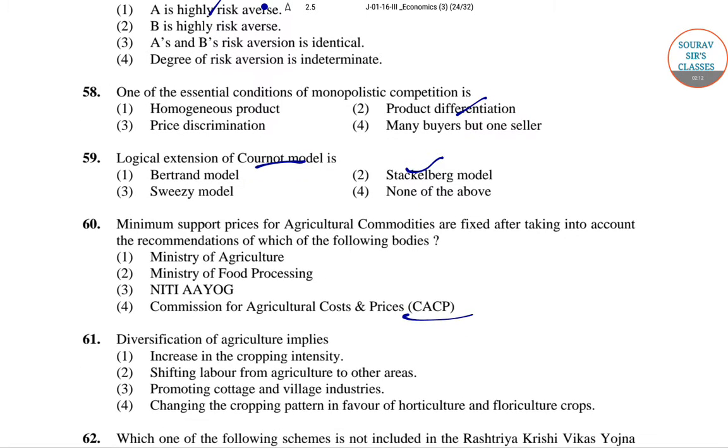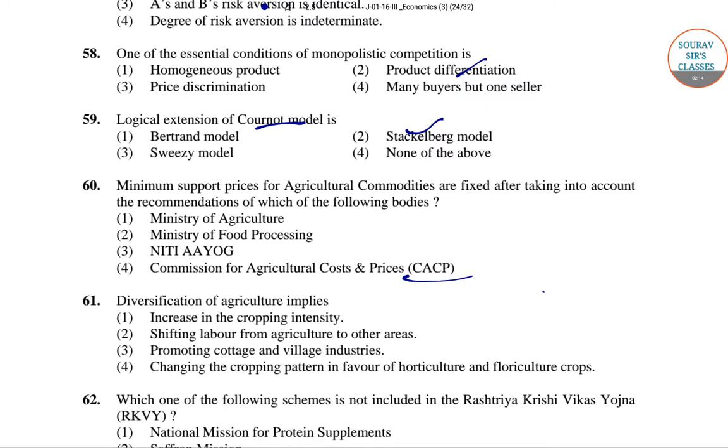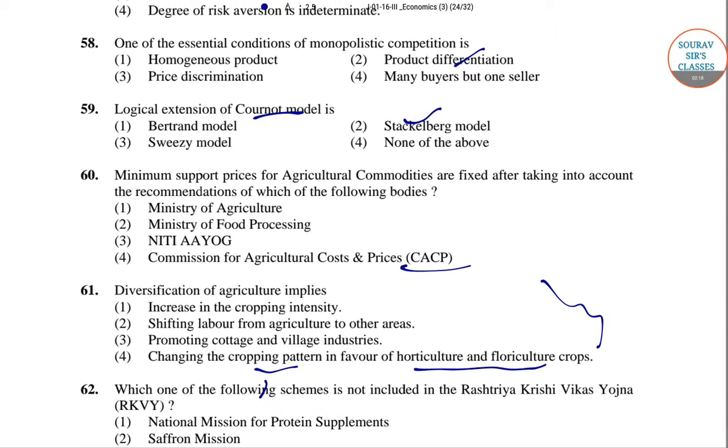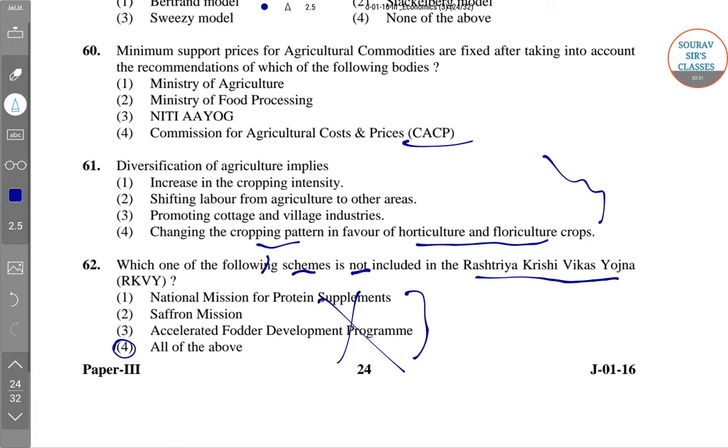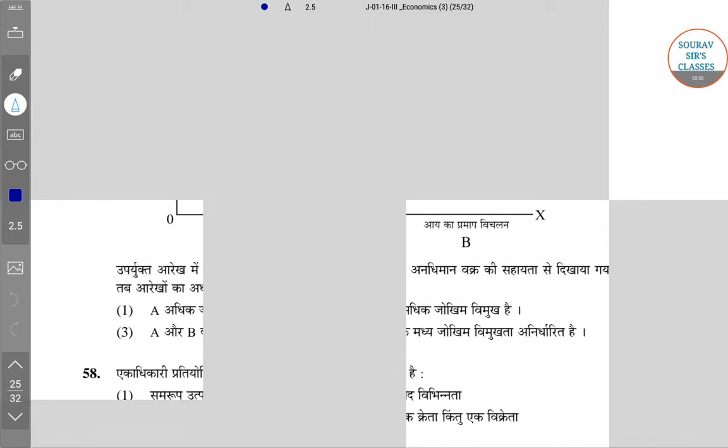Now diversification of agriculture in India, 4 options are given. We know changing cropping pattern in favor of horticulture and floriculture is the right answer. Now which one of the following schemes is not included in the RKVY? Four options are given, and none of them are excluded, so option 4 is the right answer.